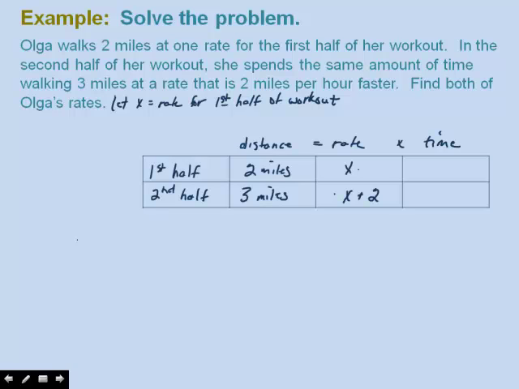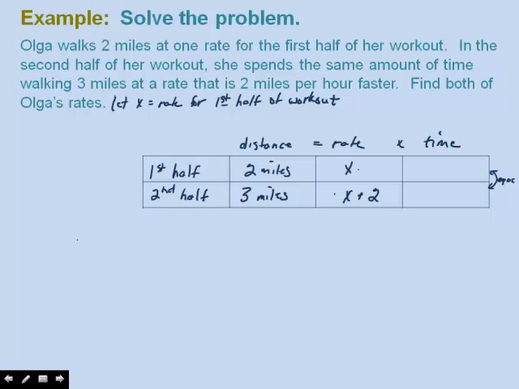Let's go back to the problem and see if there's any other information that we haven't used yet. And one thing it does tell us is that she spends the same amount of time in both halves of the workout. So that means that these two times are equal. So that's something we can use. We still don't have anything else that we can use to fill in these two boxes though.